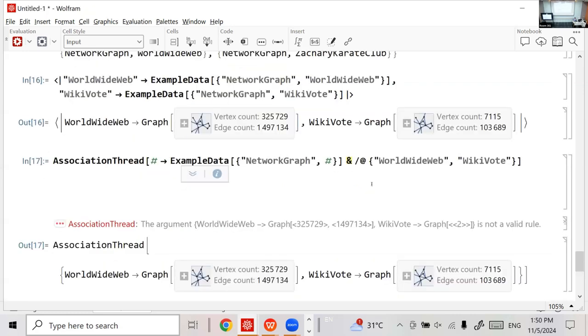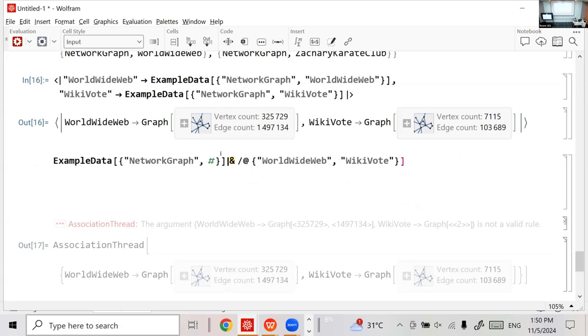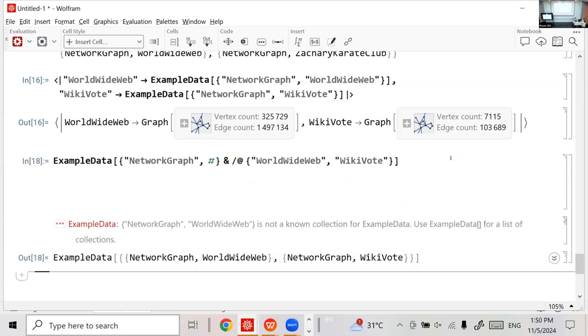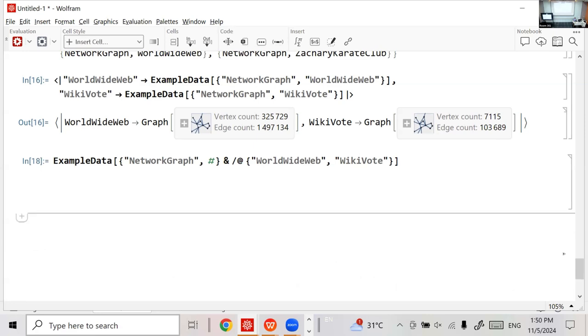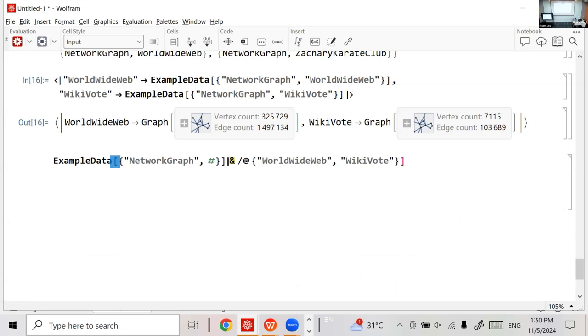You can do this many ways. What I did was actually this. I did this first, example data, bracket, apply.